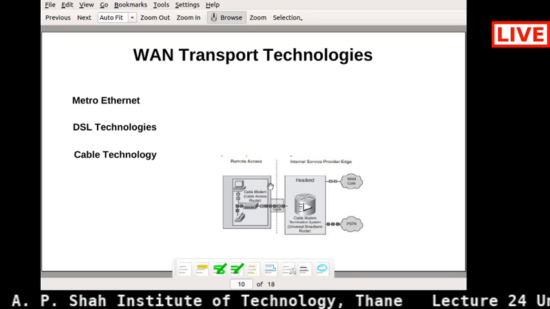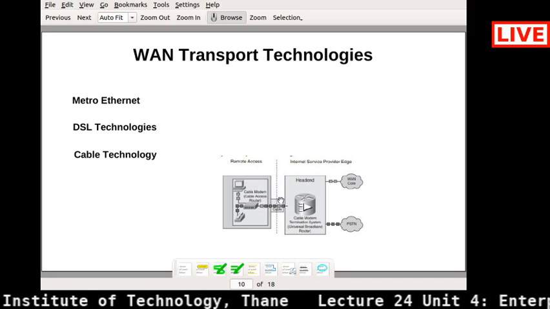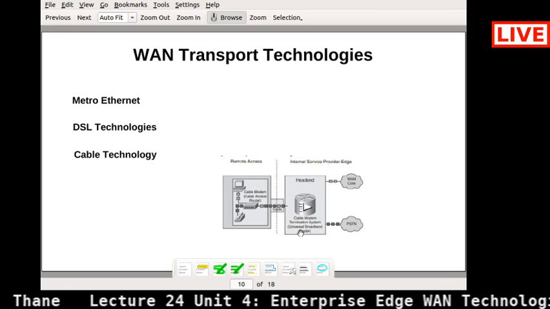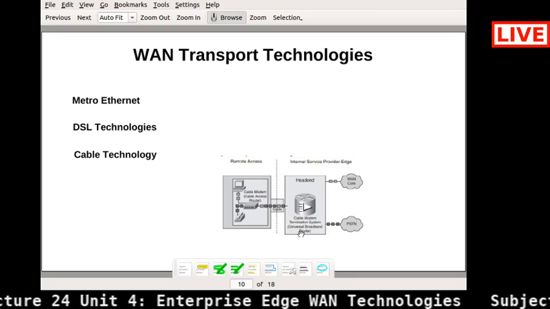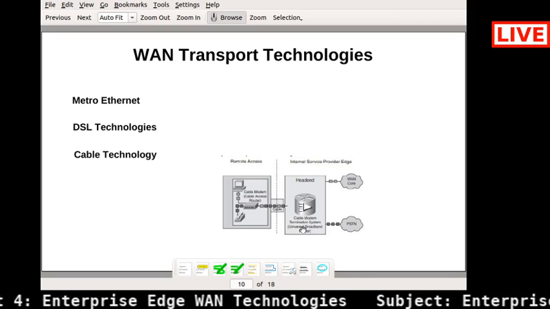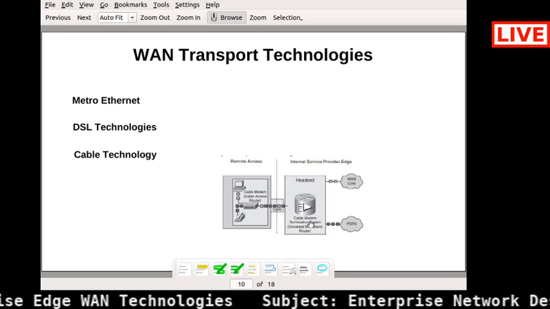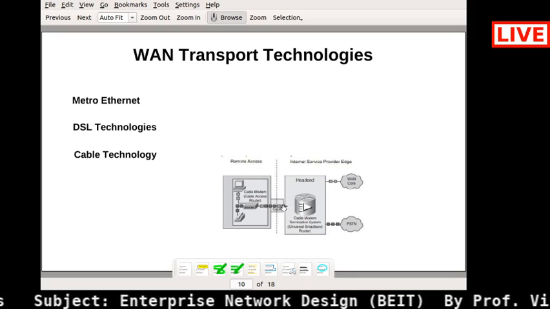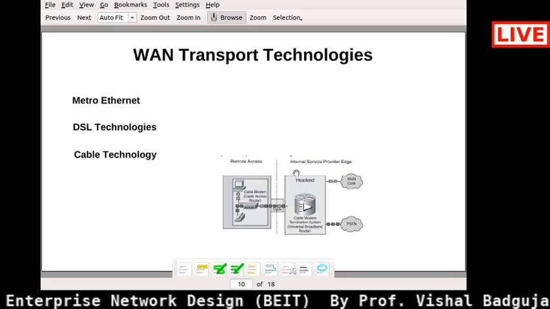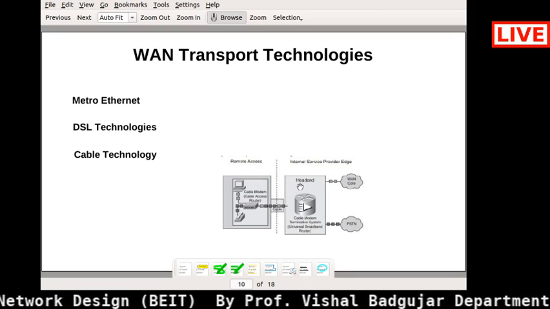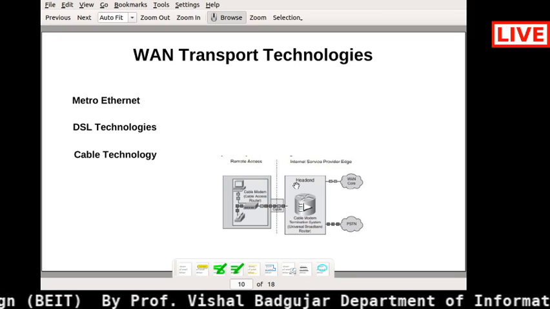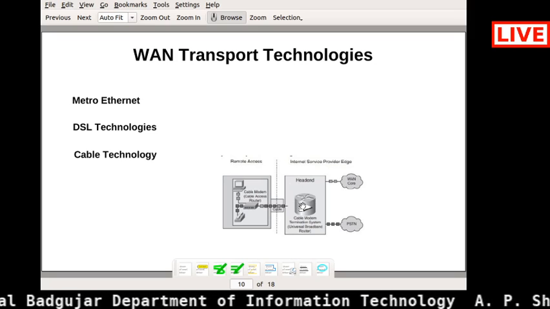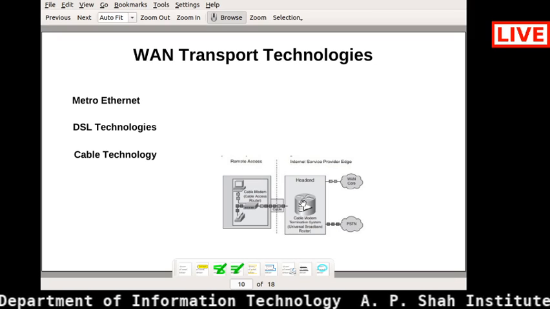If you see this diagram, the universal broadband router can also be called a cable modem termination system, that is CMTS. It provides high-speed data connectivity and is deployed at the cable company's head end. The universal broadband router forwards the data upstream to connect to either the PSTN or the network.